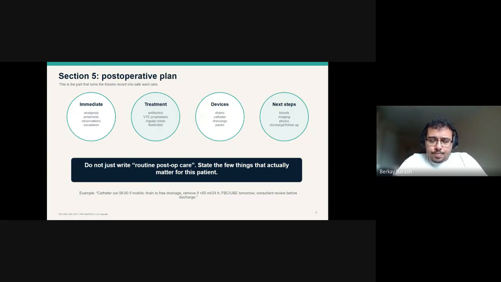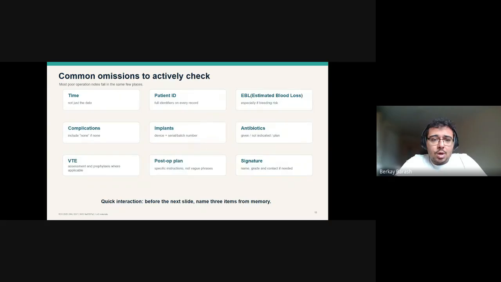Please don't write routine post-op care, as that is not detailed enough. We need more detail on what you would actually want for this patient that matters in their post-op treatment. We also want to prevent any omissions, so we want to check the operation notes.